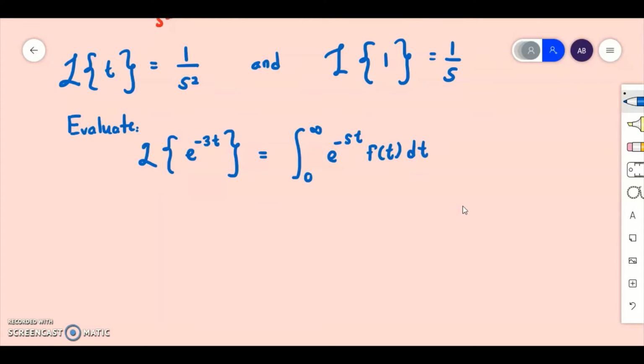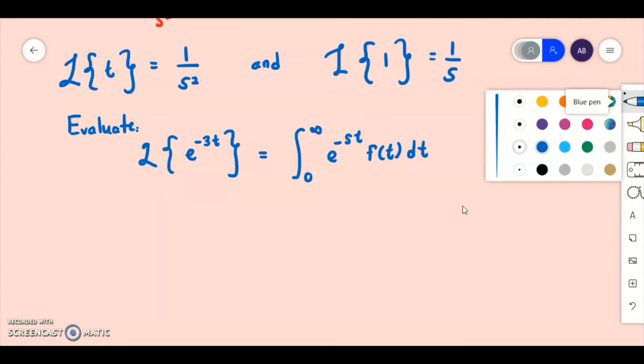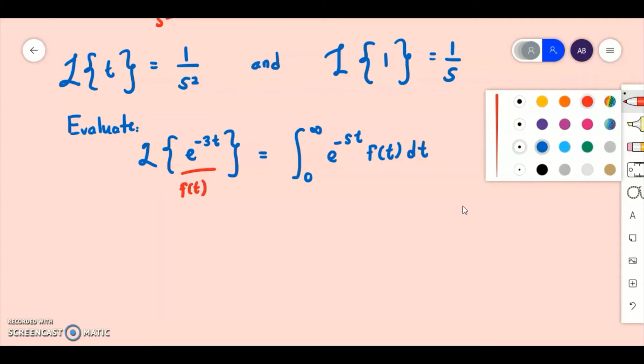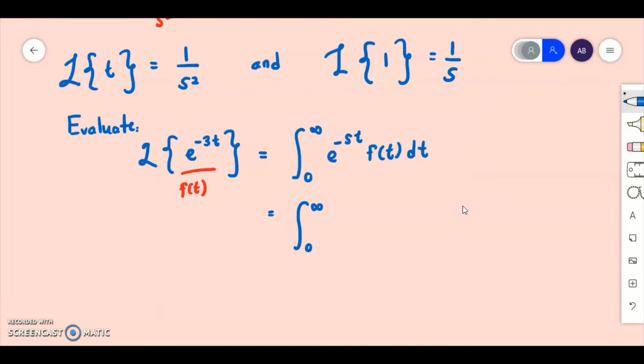Okay, now what is f(t)? f(t) is this one, exponent negative 3t. Okay, so now we have the integral from 0 to infinity of exponent negative st times exponent negative 3t dt.